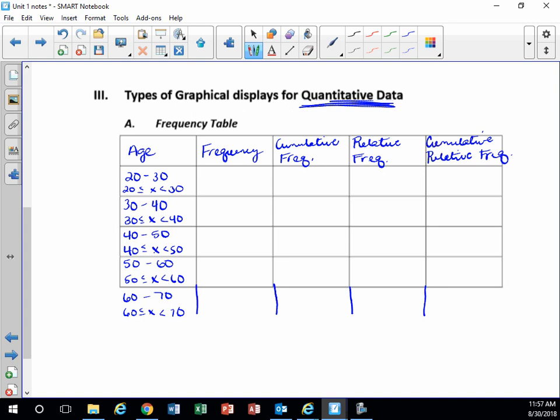So how many 20 to 30-year-olds were there? 20 to 30, how many were in there? 4. 30 to 40, 3, 40 to 50, 2, 50 to 60, 0, and then 60 to 70, 1.